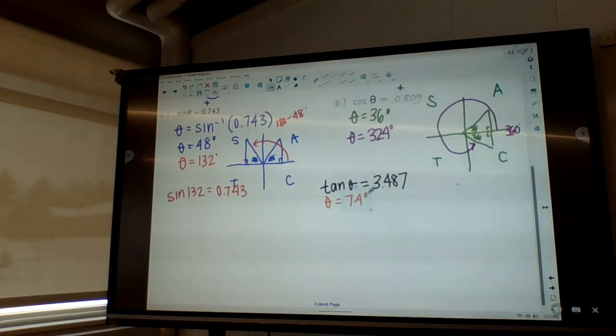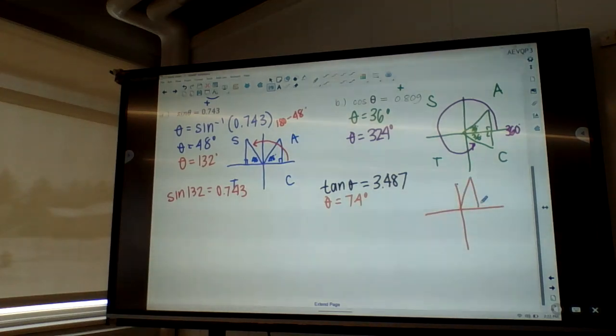So I get a 74-degree angle, and then we want to find our other one. So here's my 74-degree angle.